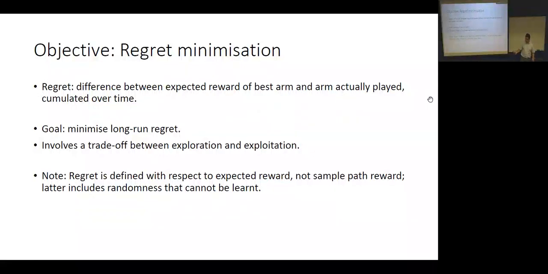This may be familiar, but if you're seeing this for the first time, I also wanted to emphasize that regret is defined with respect to expected reward. If you like, there are two kinds of uncertainty in the problem. There's aleatory uncertainty, the randomness in the outcomes, and there's epistemic uncertainty, what you don't know about the arms. We are only dealing with the epistemic uncertainty. There's nothing we can do about the aleatory uncertainty.